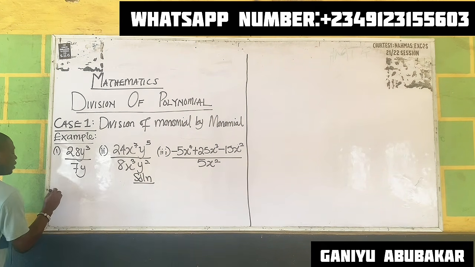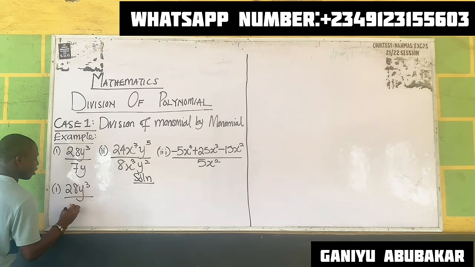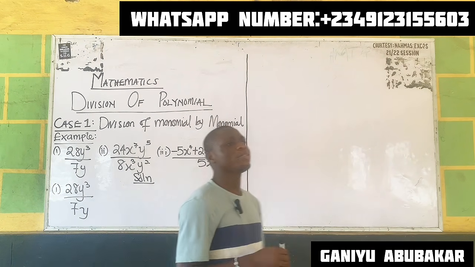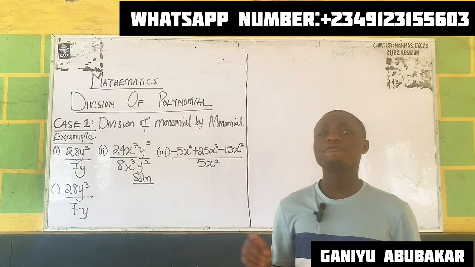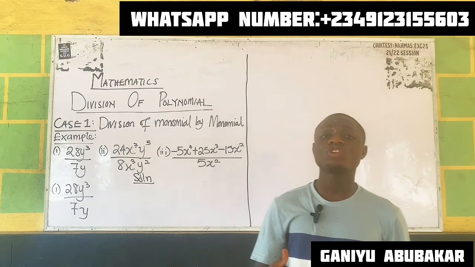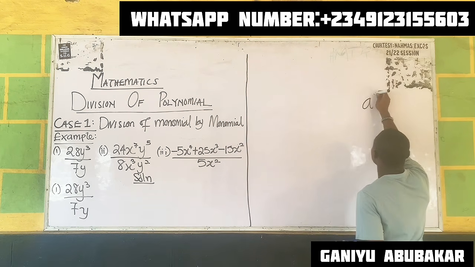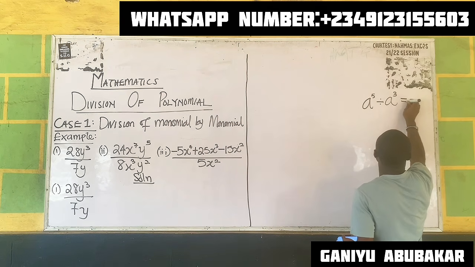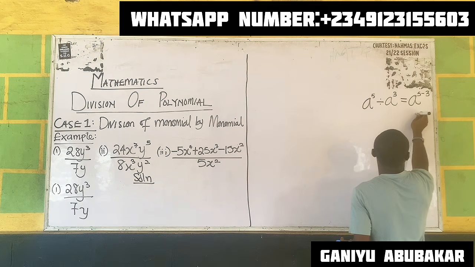So your number one says 28y cubed over 7y. Before I start solving, please mind you, division of polynomial follows the division law of indices. That is, if I have a to the power of 5 divided by a to the power of 3, this gives you a to the power of 5 minus 3, that is a squared as my answer.